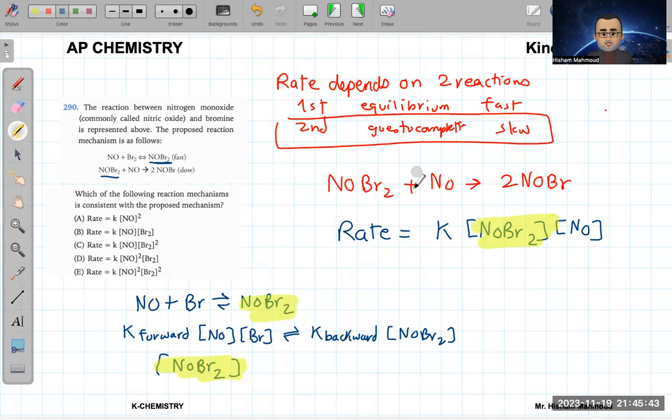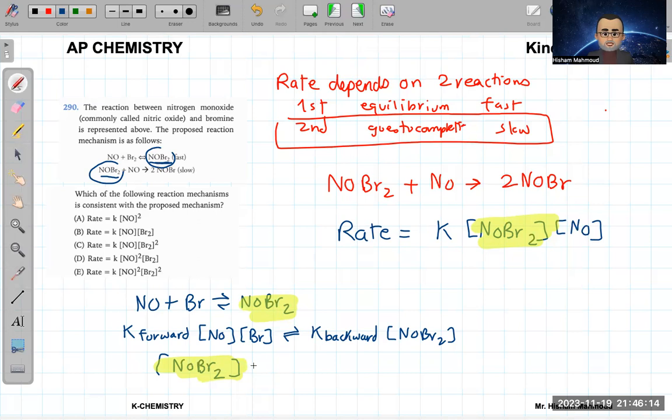So again, just to summarize, the equation is dependent on the slow step, but because one of the products of the reactants in the slow step is involved as an intermediate here and here in the fast step, I need to explain what NOBr2 is with its speed, that it brought from the fast reaction.